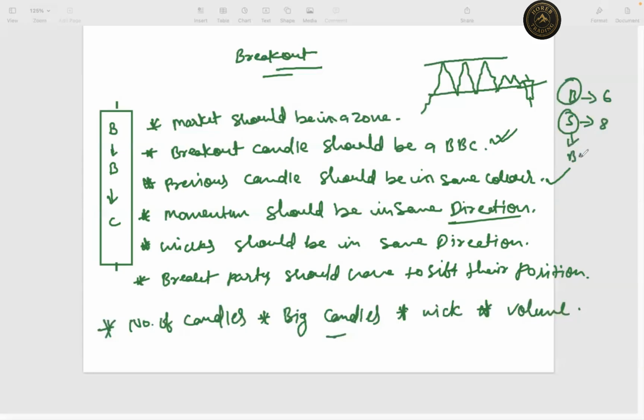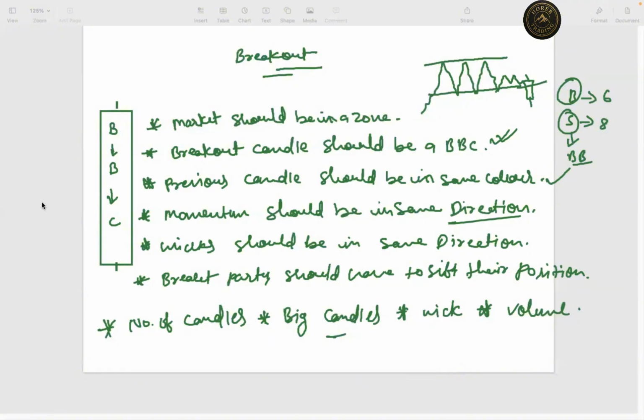For example, if the buyer candles are 6 and the seller candles are 8, that means the sellers are strongest.